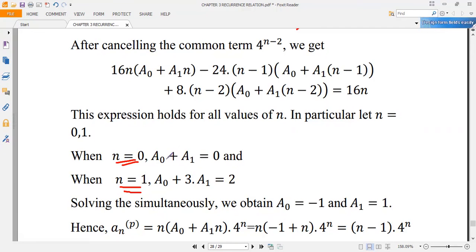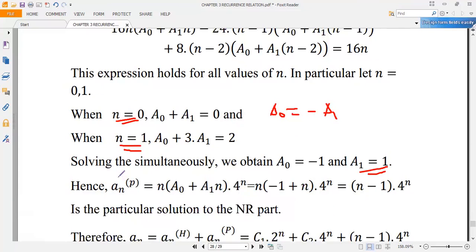So solving these equations, from the first equation a0 is equal to minus a1. Substituting into the second, minus a1 plus 3a1 is equal to 2, which is 2a1 equals 2. So a1 becomes 1, so a0 becomes minus 1.